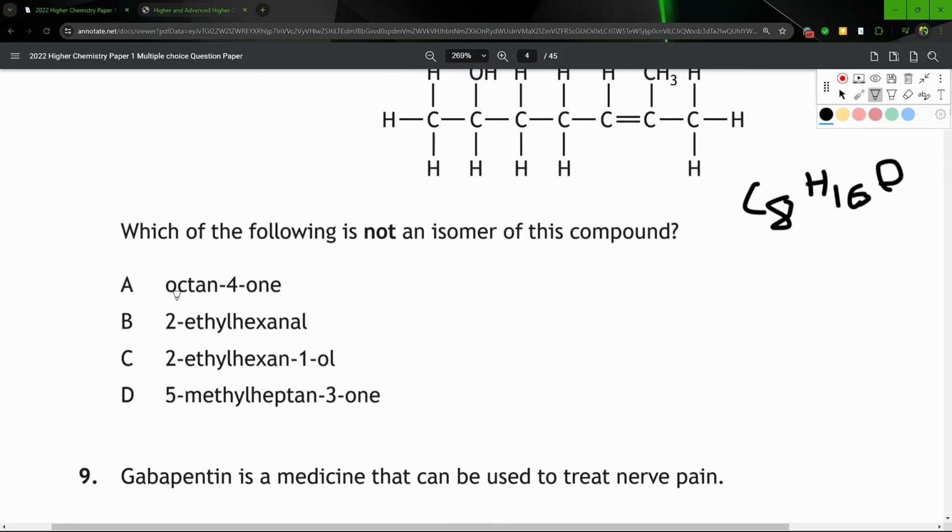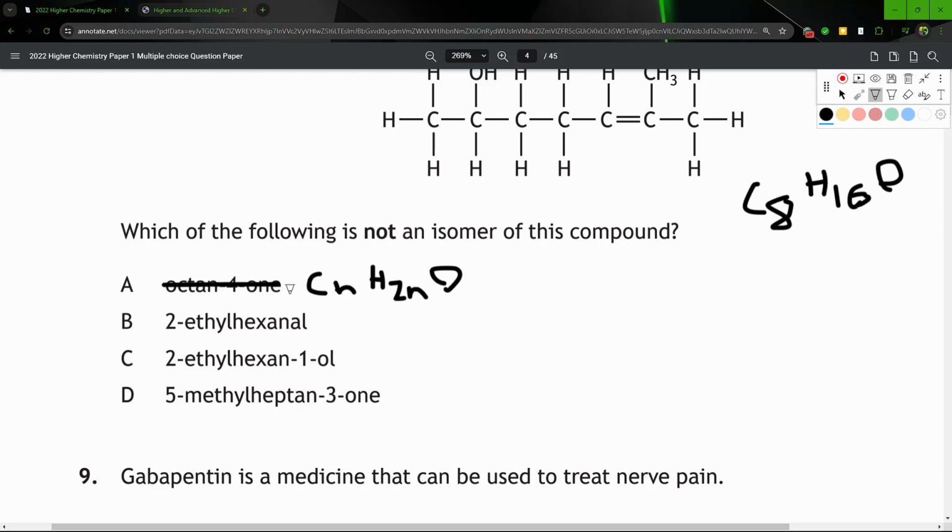Remember the molecular general formula for a ketone is CnH2nO, and you can see, well, 8 times 2 is 16, so this can't be it, because it would be an isomer of this compound.